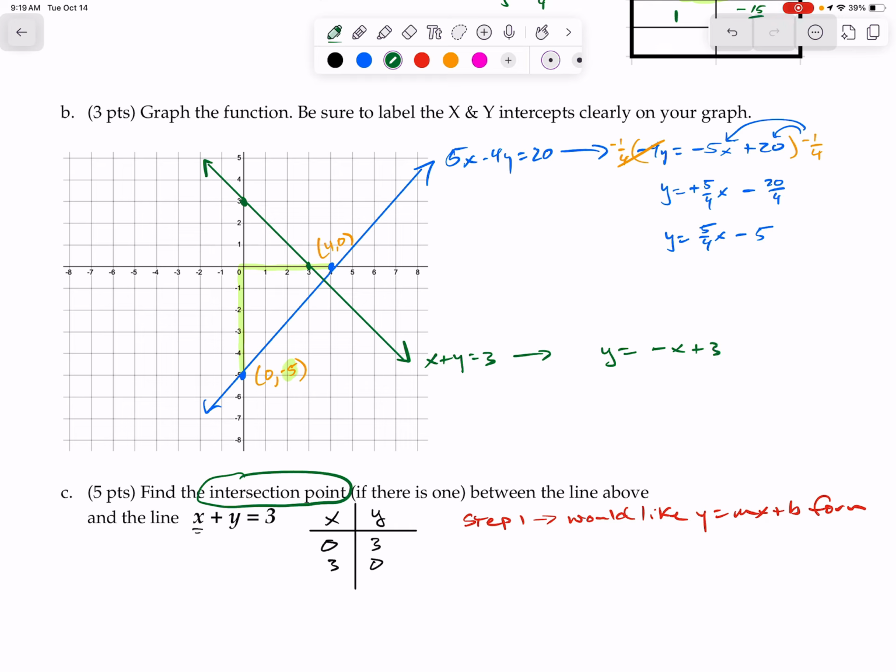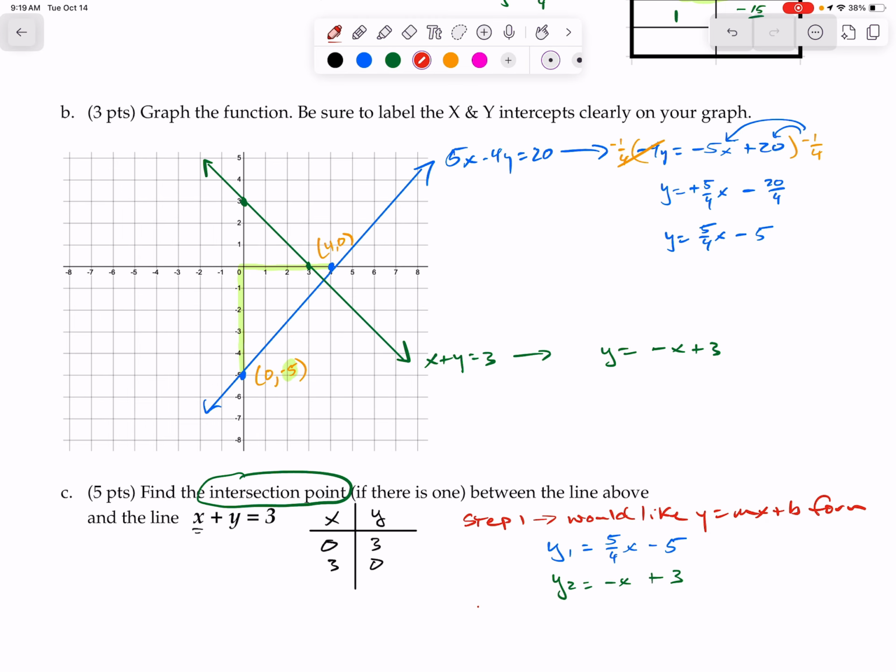That's also something I could have seen from the graph. So I've got them now. y1 equals 5/4 x minus 5, and y2 equals minus x plus 3.